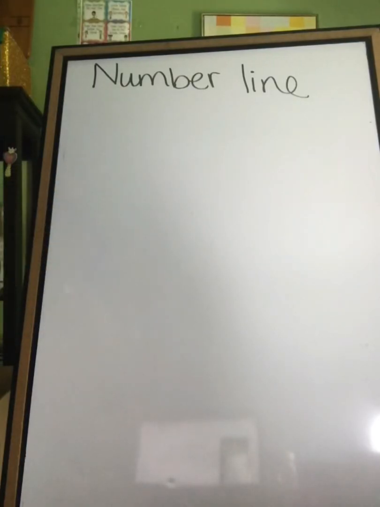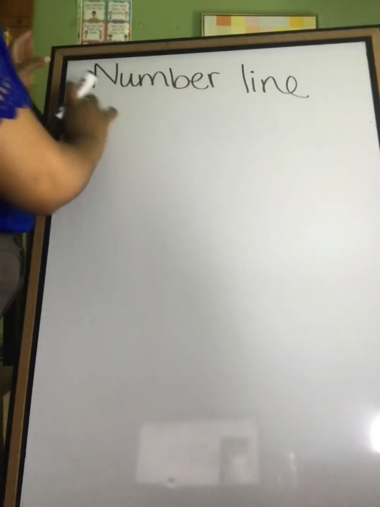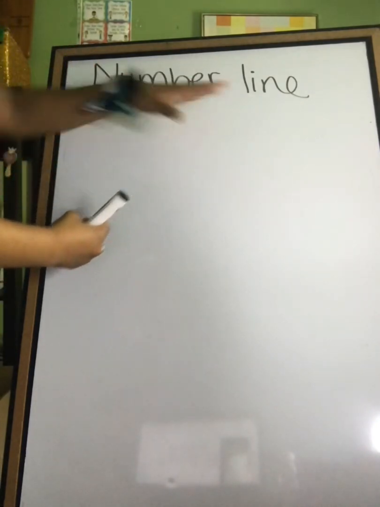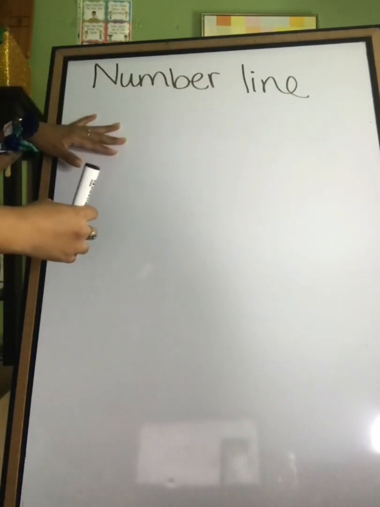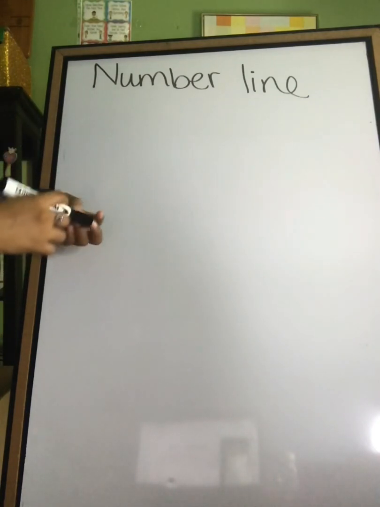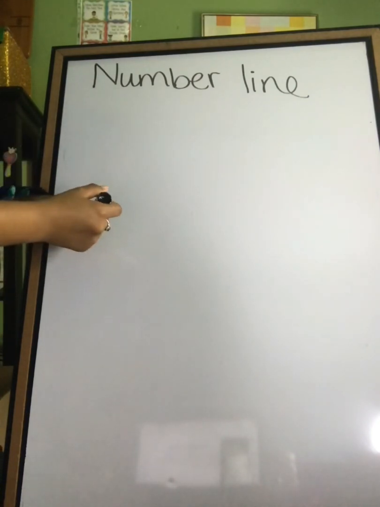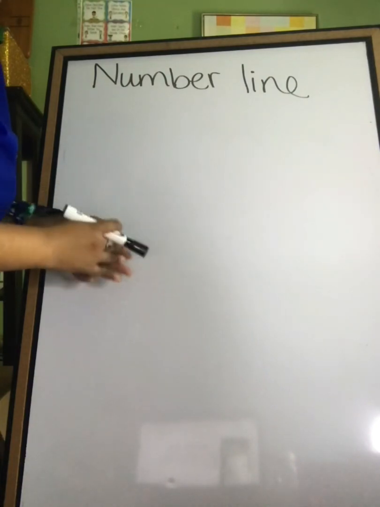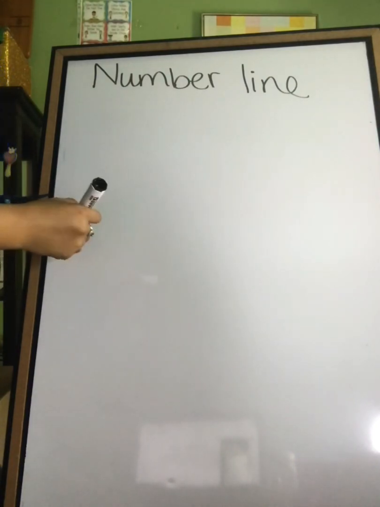Now we want to look at integers on a number line. But we must first know what a number line is. A number line is a straight horizontal line with numbers placed at even intervals, meaning at even spaces.